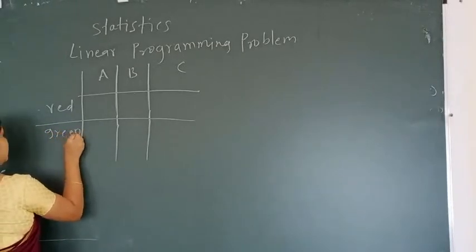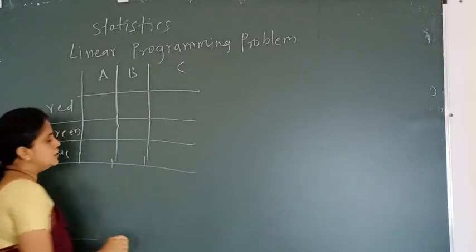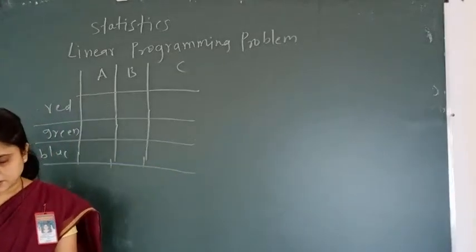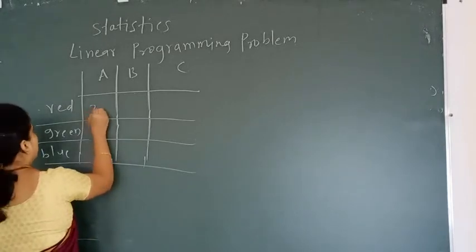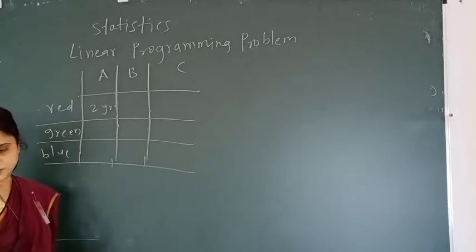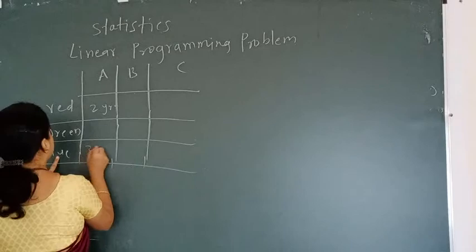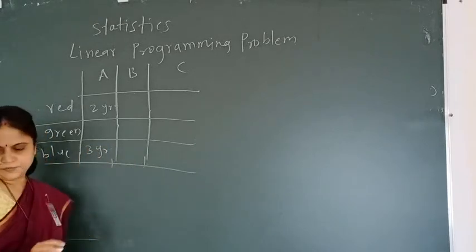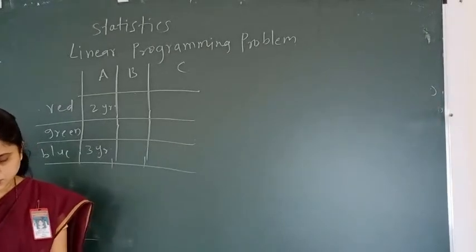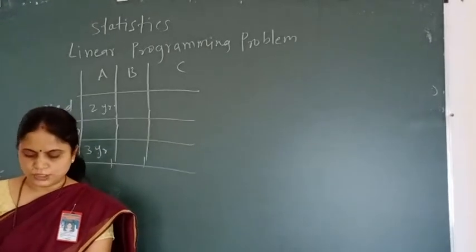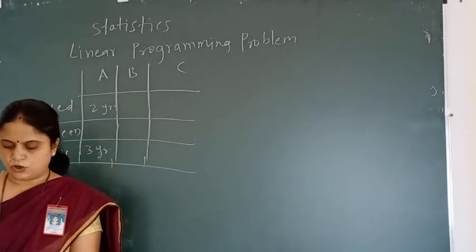To produce type A cloth, it needs 2 yards of red wool and 3 yards of blue wool. So A cloth requires only 2 wools, red wool of 2 yards and blue wool of 3 yards.